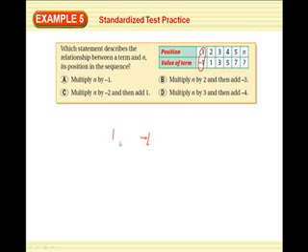Multiply by -1, that works, but it doesn't work for the second one. There's 2 and 1. They've got to work for all of them. Multiply n by -2: 1 times -2 is -2, plus 1 is -1. 2 times -2 is -4, plus 1, that doesn't work. Multiply n by 2, then add -3. Times 2, ooh, that works. Multiply by 3, no, it's B.